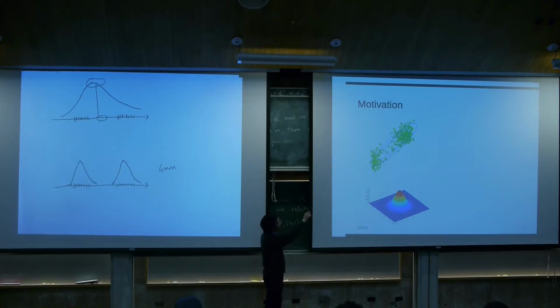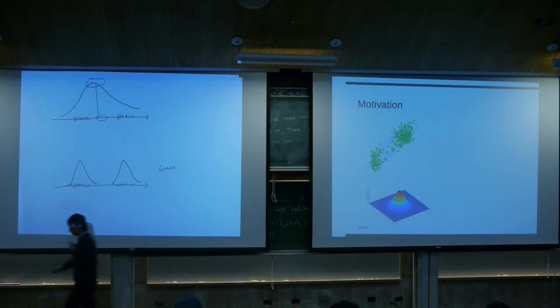Points near the center will have a high density, and points far from the center will have a low density. So the solution is, again, instead of using one single Gaussian, we use two Gaussians for each of the two clusters, and find a way to combine them.